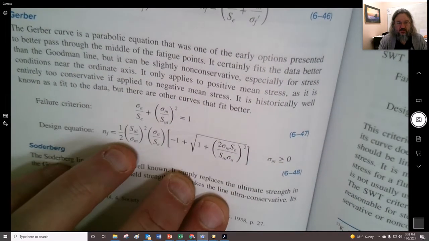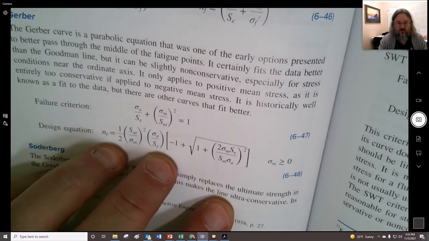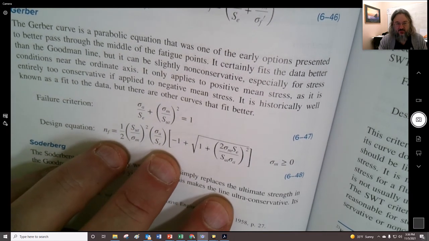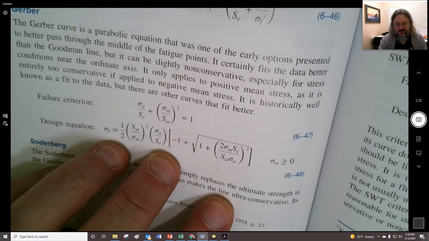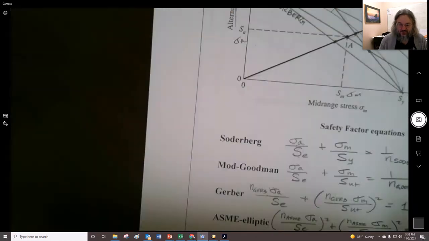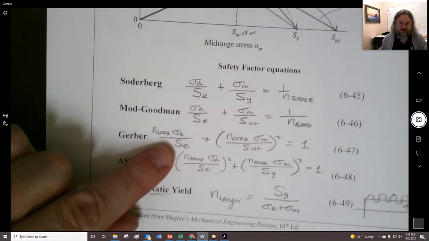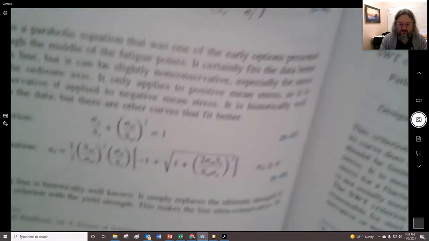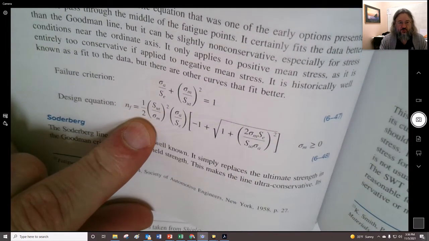Gerber. This is solving. It's a lot uglier, right? Because the Gerber had the safety factor stuck inside the parentheses, right? It was in here, in there, and there. So they had to do some math, and they have done that for you right here.